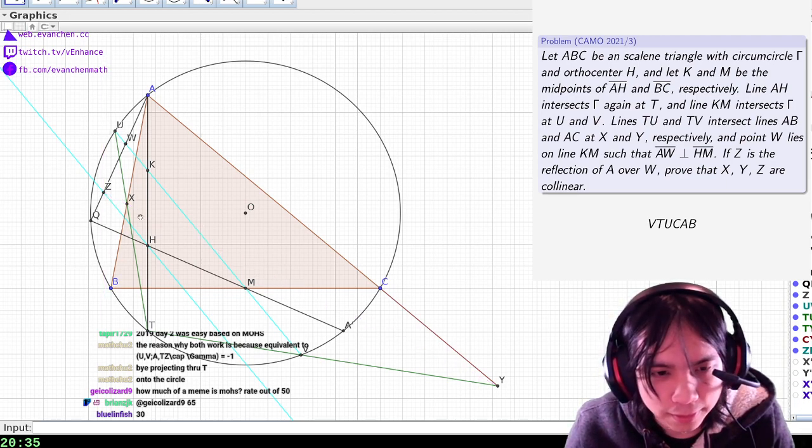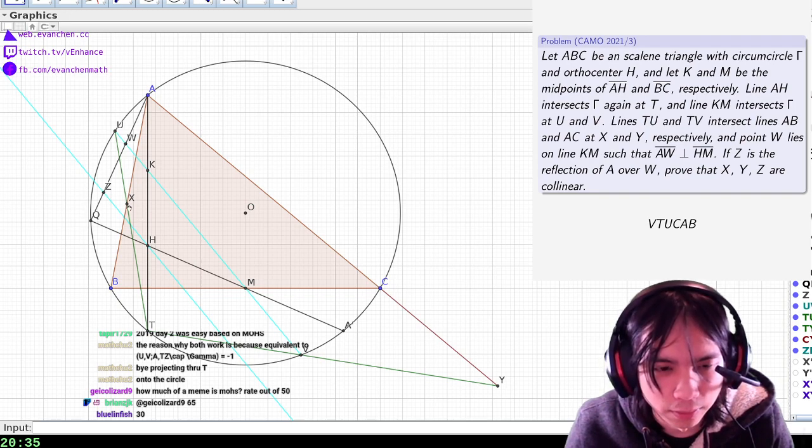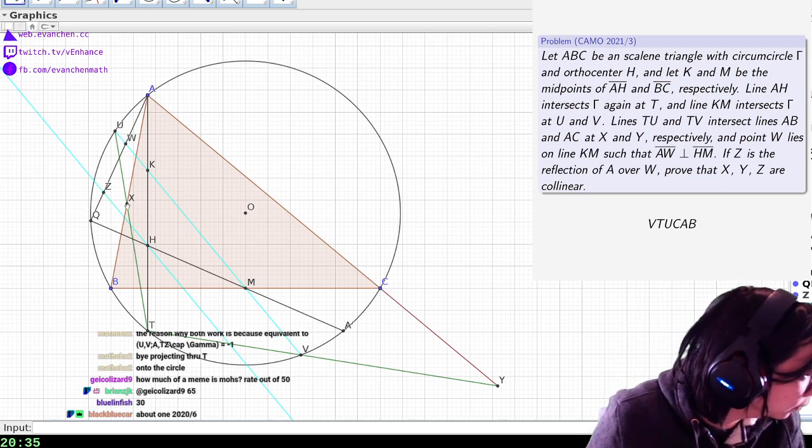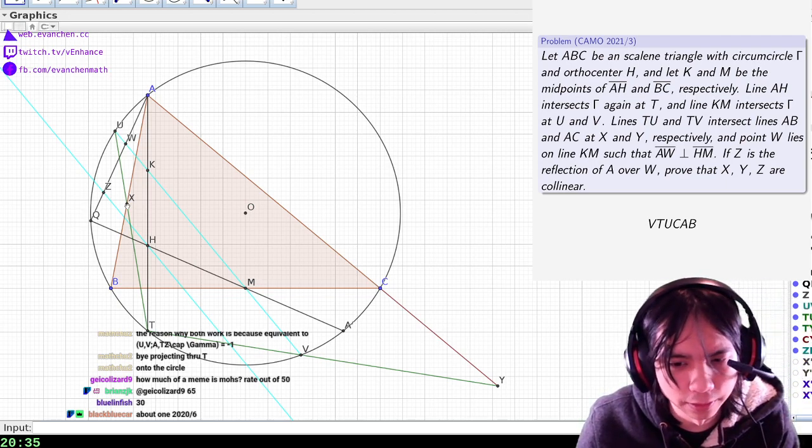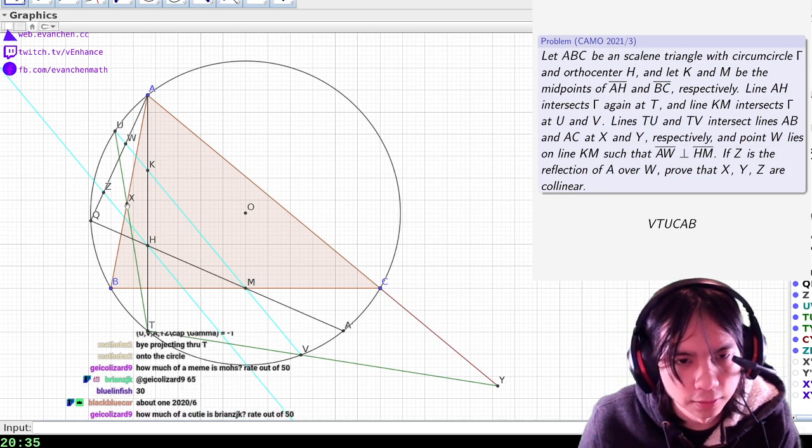X, Y, Z. Is it harmonic or something else? UV. Why is the cross ratio -1 specifically and not some other number?